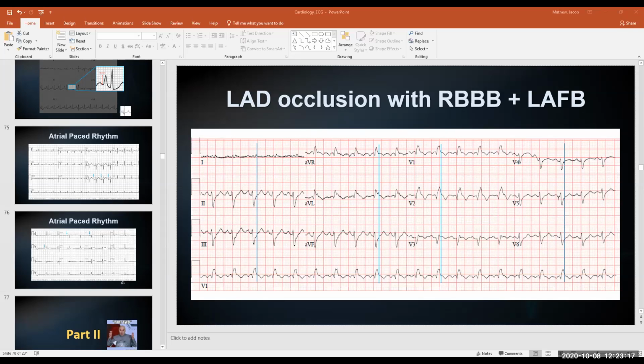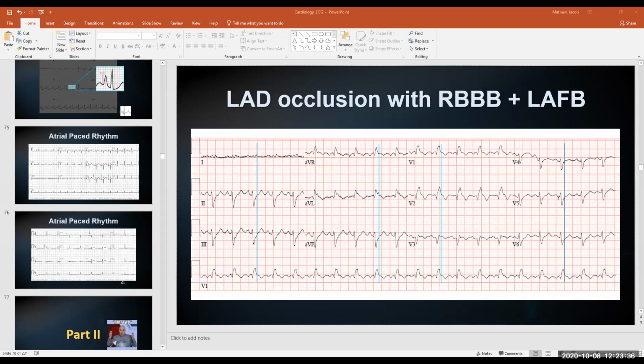And you can actually see it a little better in V2 as well. So we see what appears to be a right bundle branch block. And then we look at 2, 3 and AVF, and we can see that there's deep S waves. So that's what's going to help you decide or be concerned about a left anterior fascicular block, is that 2, 3, AVF with deep S waves, but we'll get to that later.